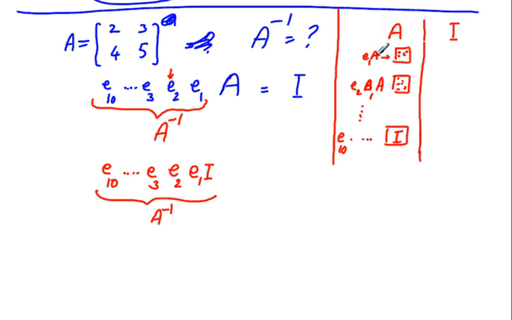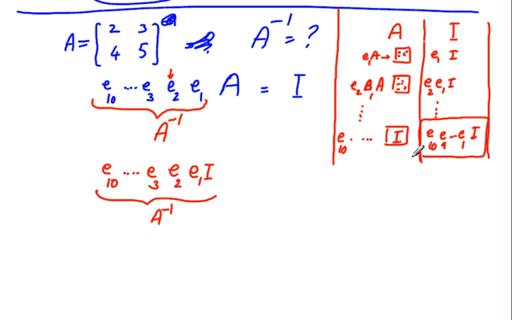So once I am acting on the matrix A to create something else, I am also going to pick up the identity and do the same thing to the identity. So I have E1 applied to the identity. I'll keep track of it here. Then E2 applied to whatever I had before is going to show up here. Until at the very end, E10, E9, and so on, all the way to E1 applied to identity is going to be here. And then what is going to show up at this stage is just our promised A inverse.